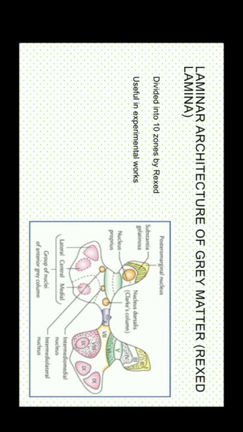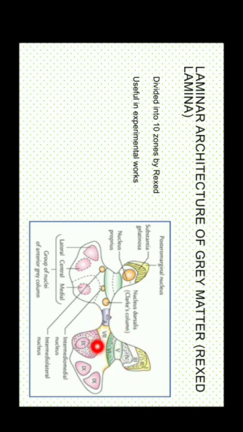The same nuclei, for the sake of experimental work, have been divided into 10 zones by Rexed, and you can see them in this picture. First and second correspond with the substantia gelatinosa. Nucleus proprius corresponds with the third and fourth.